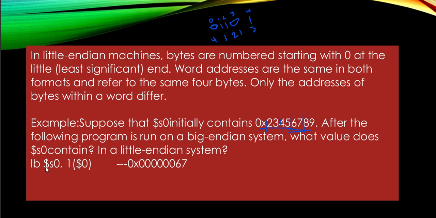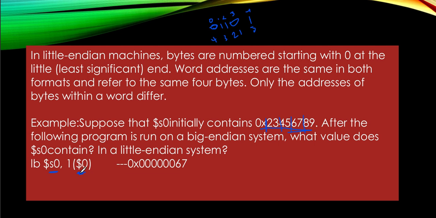Realize that they try to run load byte into $S0, offset of 1 from $0. So let's take note. There's a little difference between $S0 and $0. $0 means zero itself, but $S0 means saved register 0. So take notes.